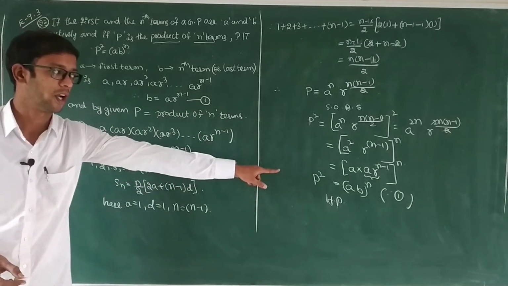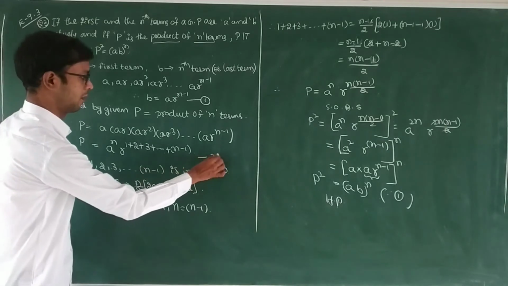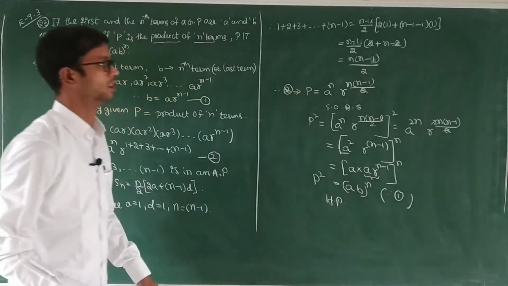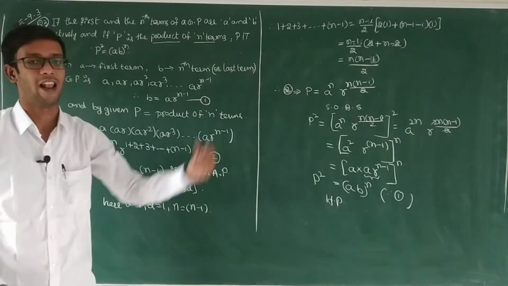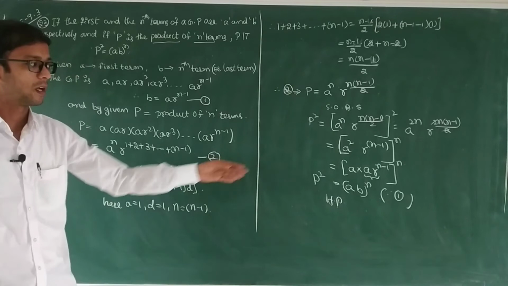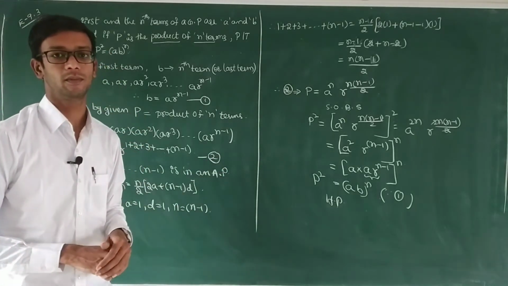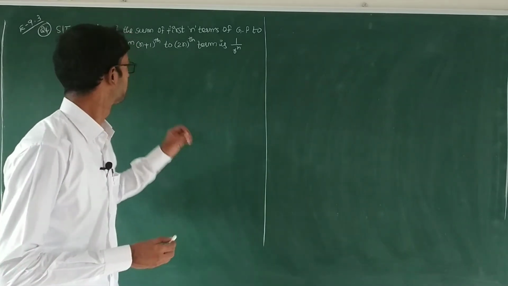Substituting b, and this one I am also taking as equation number 2. From 2 it implies, in place of this, we are substituting the value. So the required proof is completed.